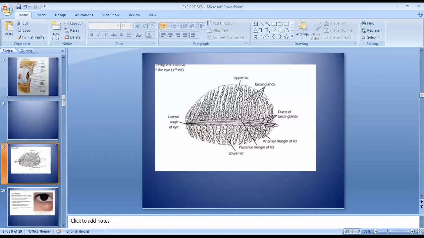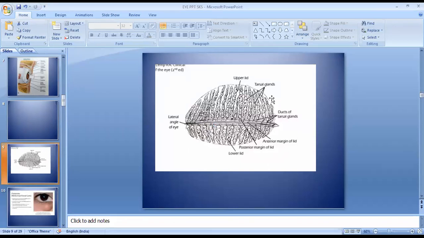They just open over here. The glands in the lower eyelid open over here, at the anterior margin of the lid. So all throughout the lids you can find the glands and their secretions.